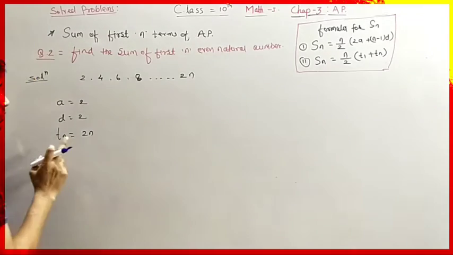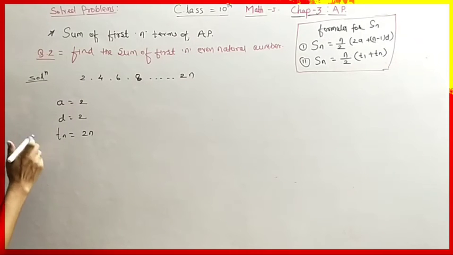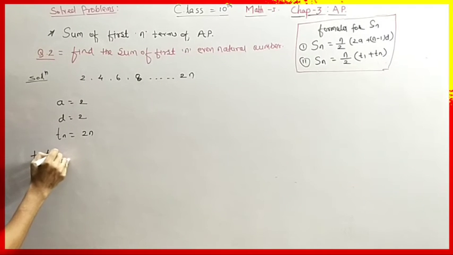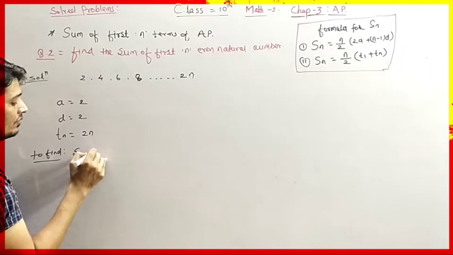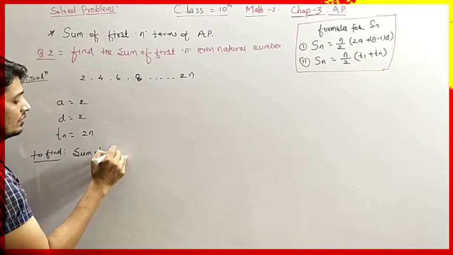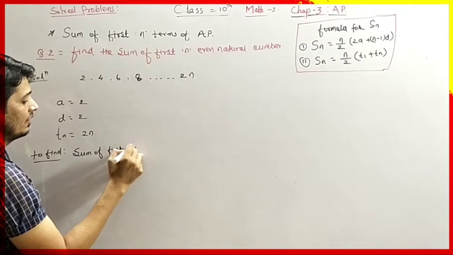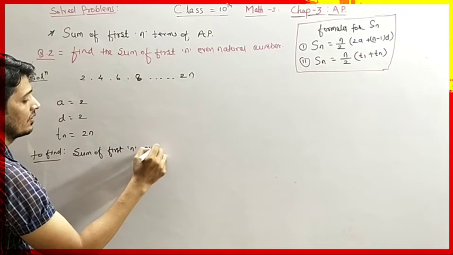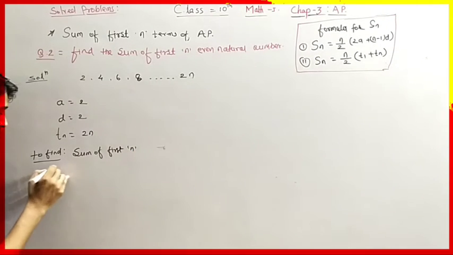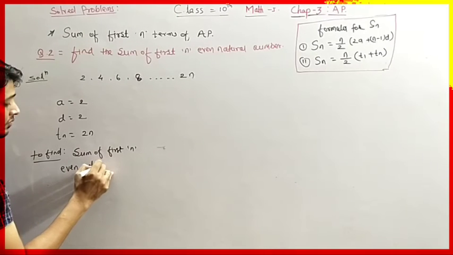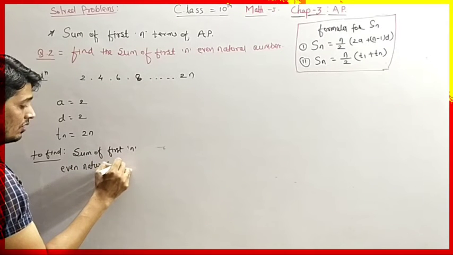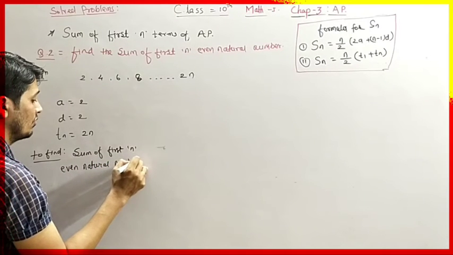Okay, so what do we have to find? We have to find the sum of first n even natural numbers.